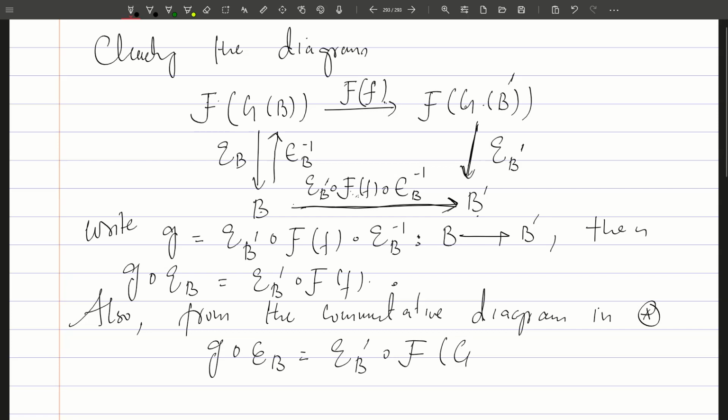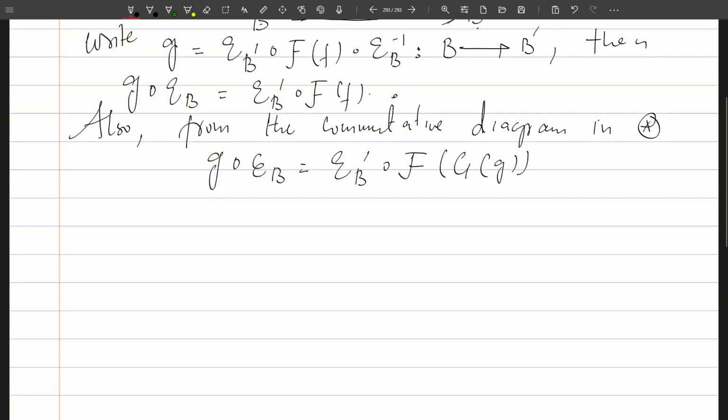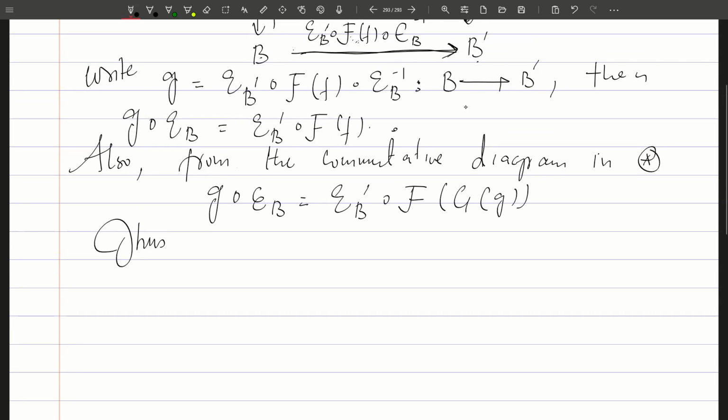Thus, if we look at these two expressions, they both have the same left hand side. So thus, the right hand sides are equal.